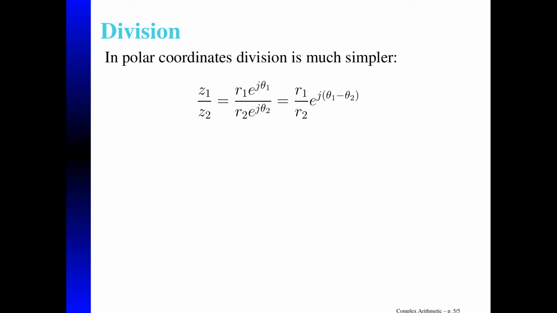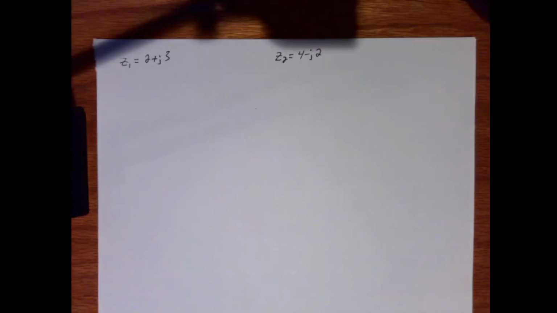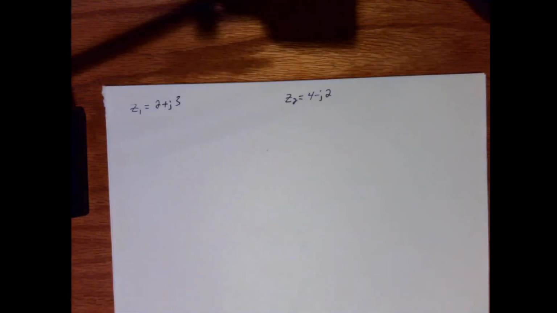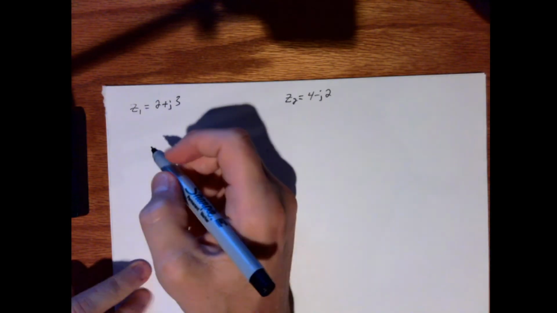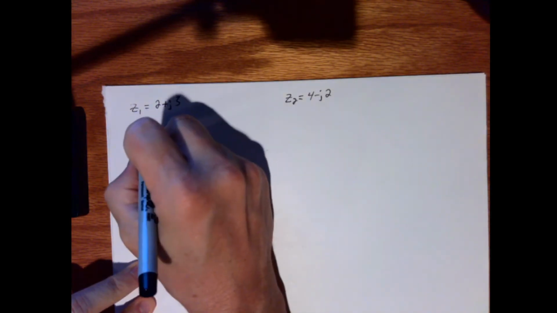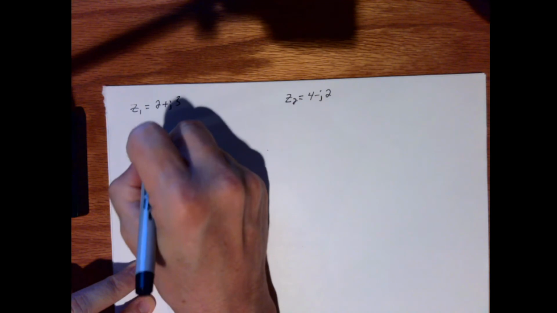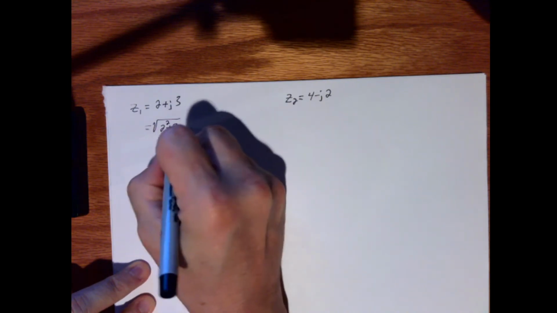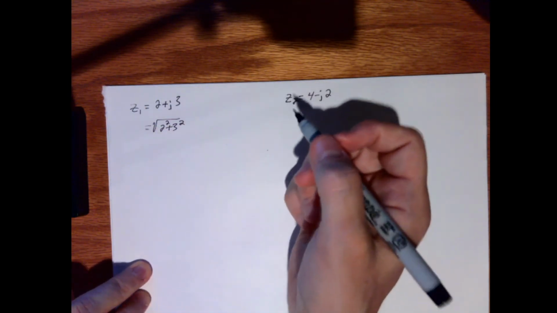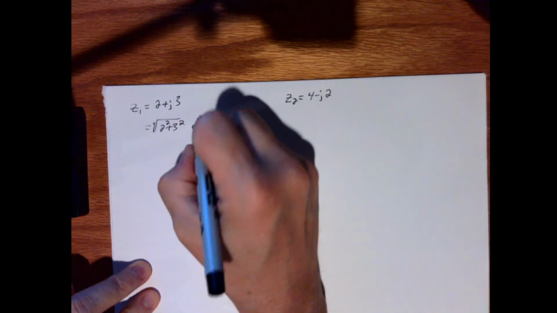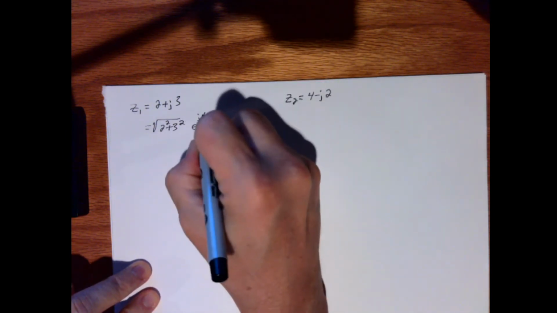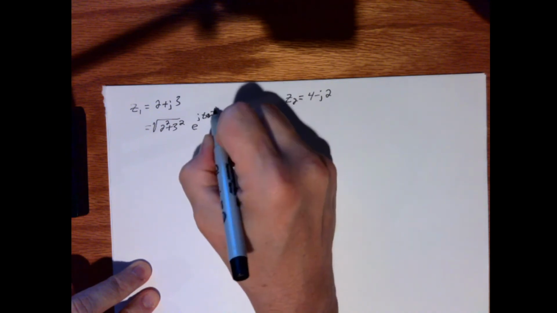So now let's do an actual example by hand to hopefully make this more clear. So here I have two complex numbers, right? And let's see what these would be in polar coordinates. So for polar coordinates, to get r, I'd have the square root of 2 squared plus 3 squared, and then I would have e to the j arctangent of 3 divided by 2.